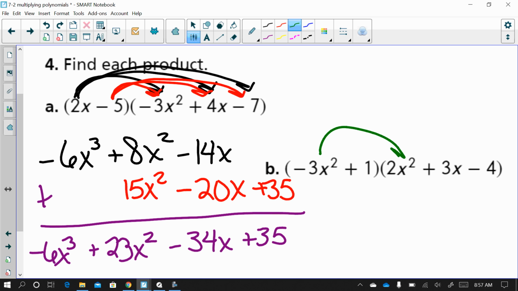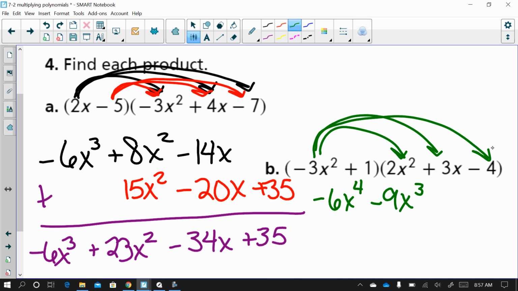Distribute the negative 3x squared, so I get negative 6x to the 4th. Negative 3x squared times positive 3x gives me a negative 9x cubed. And then I distribute again. Negative 3x squared times a negative 4 is a positive 12x squared. Time to distribute the 1. I get 2x squared.